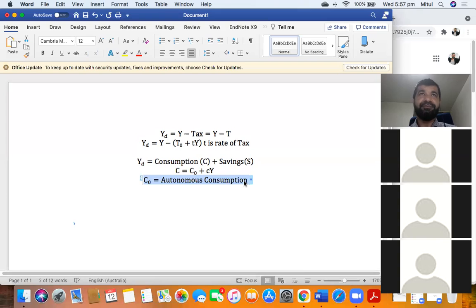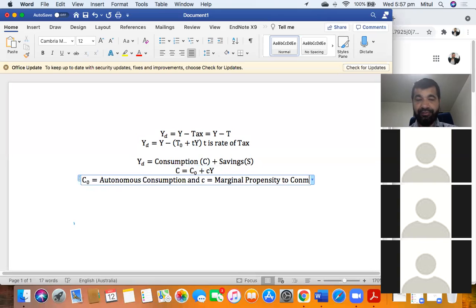And what is our small c? This one is called the marginal propensity to consume, MPC. What does that mean? It means what is your tendency to consume?